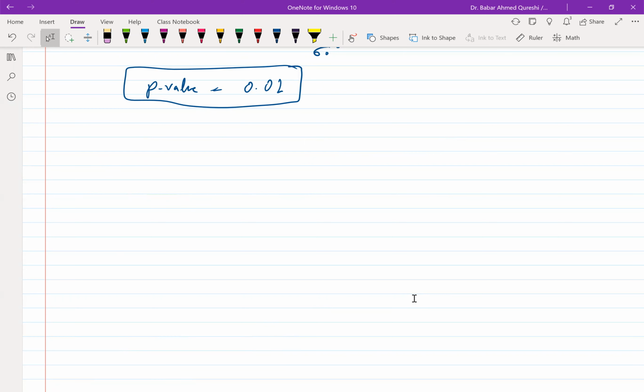Now we can do another example. So this is problem 9.50 from the book.